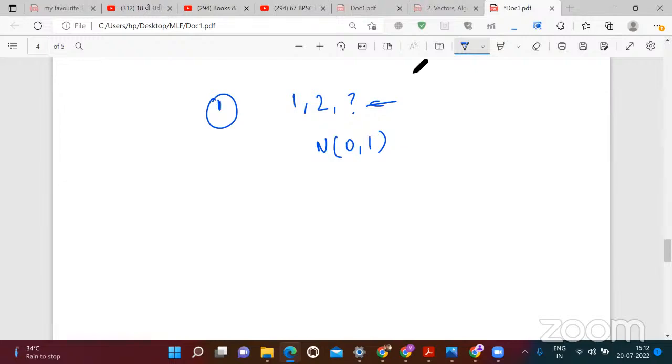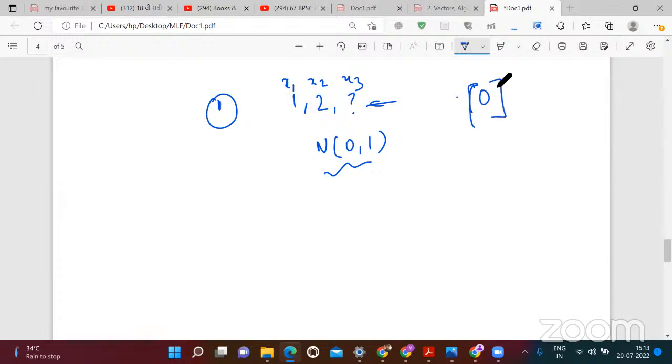If this data point has not been given, and you have only three data points x1, x2, x3, and you are asked for the mean of these three data points, and you have been given the parameter, you can say, okay, 0 is the expected value that should come as the mean value.